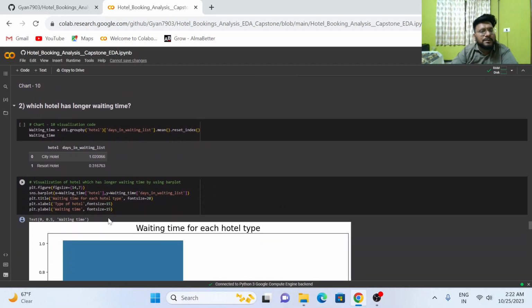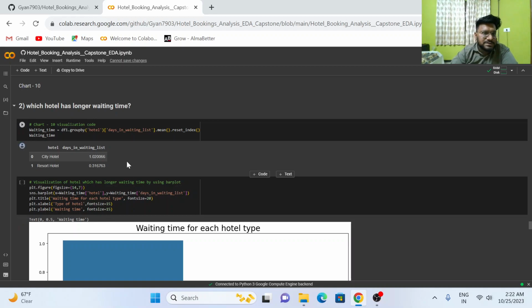And we'll move on with the hotels which had the longer waiting time. The waiting time actually directly impacts the business also. The longer the waiting time, the lesser the possibility of getting the booking done.